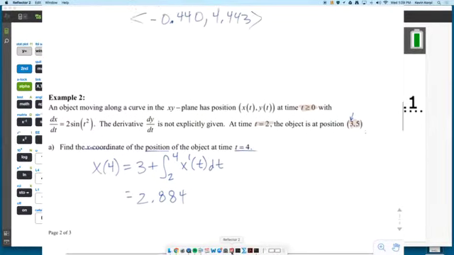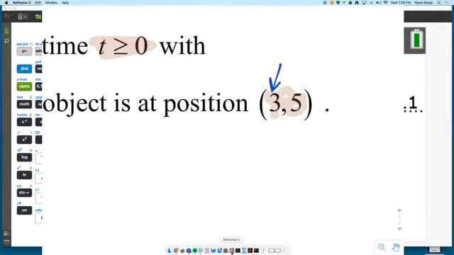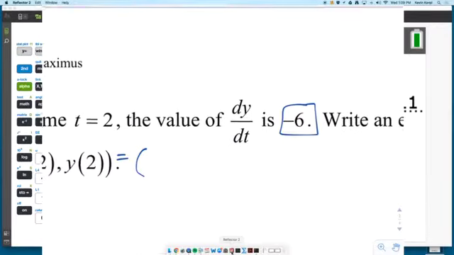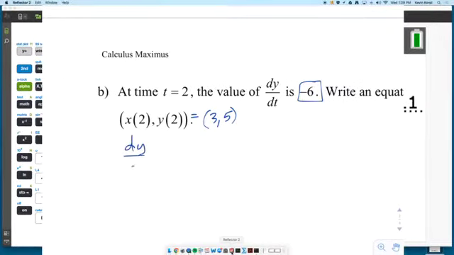Do we know what that is? Yeah, that's the point 3,5, right? They gave it to us above at t equals 2. So there's the point 3, 5. And now I need the slope. That's dy dx. Okay, and I need that at t equals 2. Well, that's going to be y prime of 2 over x prime of 2, yes?